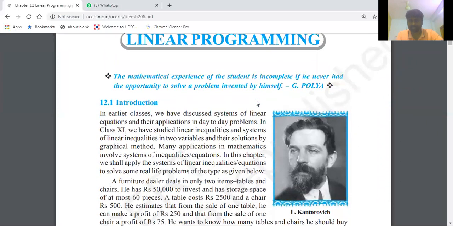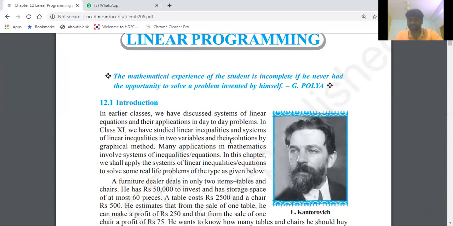Let us see how linear inequalities can be the base for the chapter. In earlier classes we discussed systems of linear equations and their applications in day-to-day problems. In class 11th, we studied linear inequalities and systems of linear inequalities in two variables and their solutions by graphical method. Hope you can recall. Correct?